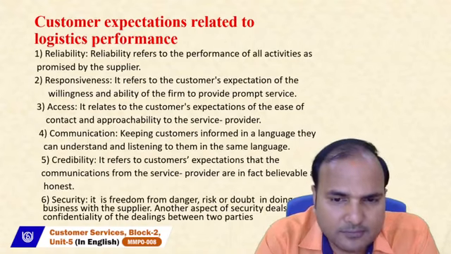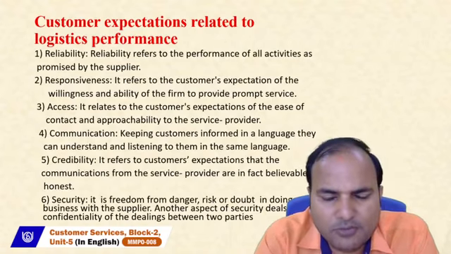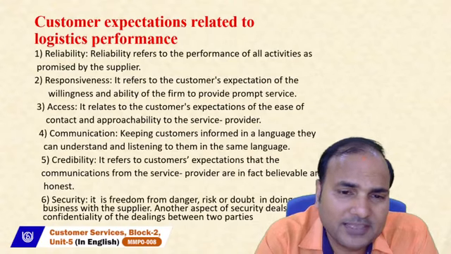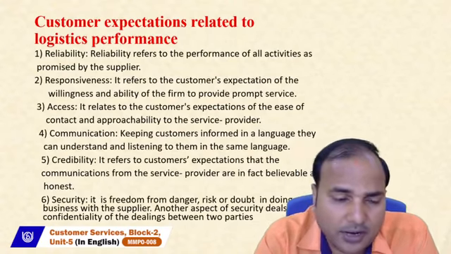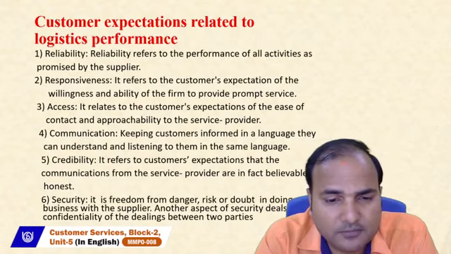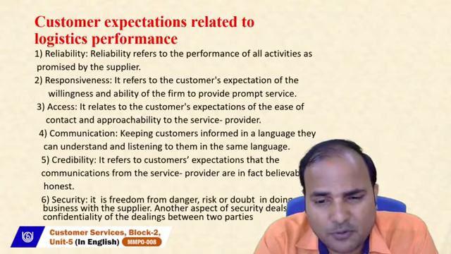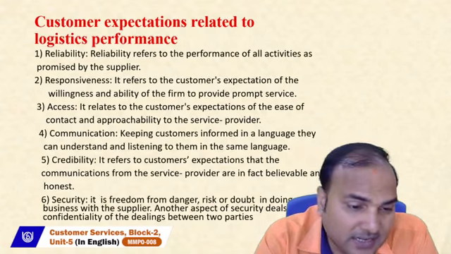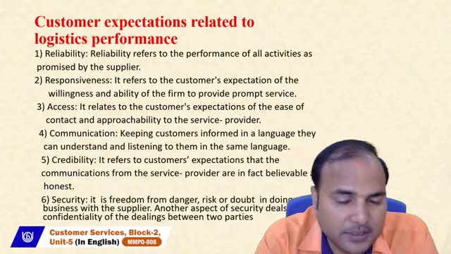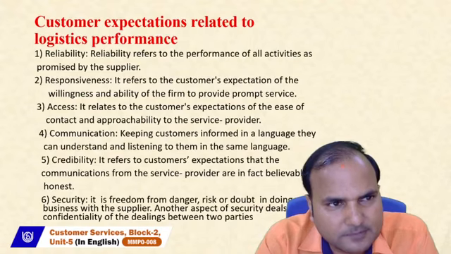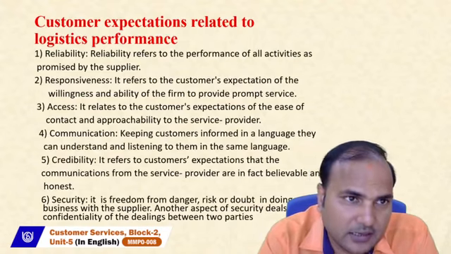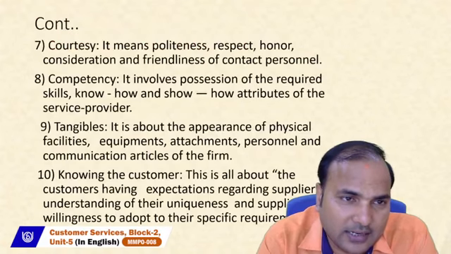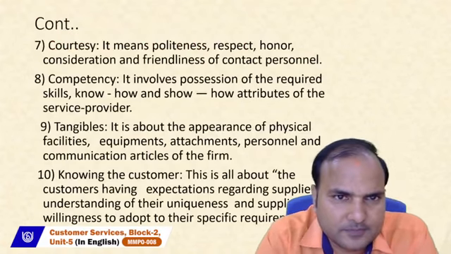Next is security. What do you mean by security? That means you are free from danger. It is freedom from danger, risk or doubt in doing business with the supplier. Another aspect of security deals with the confidentiality of the dealings between the two parties. Another is courtesy.